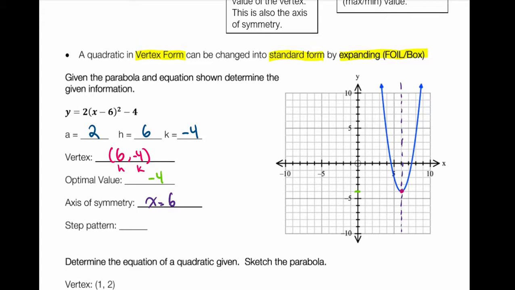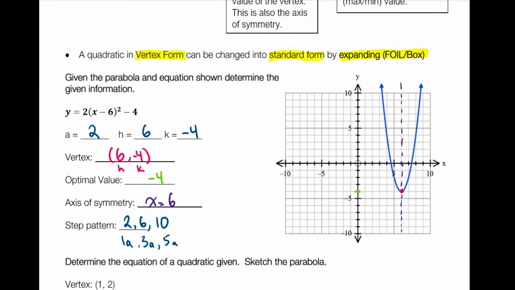And then finally, our step pattern, because our a value is 2, remember our step pattern is 1a, 3a, 5a. So our step pattern in this case, 1 times 2 is 2, 3 times 2 is 6, and 5 times 2 is 10.